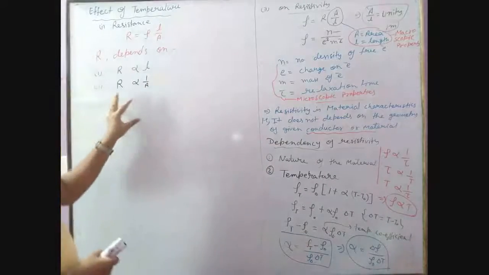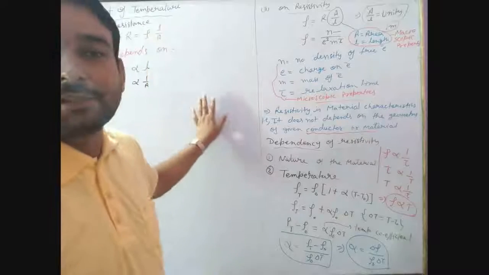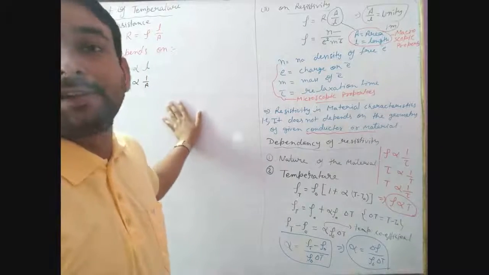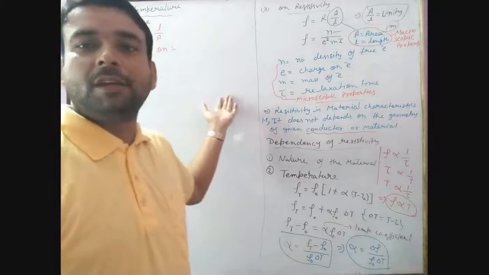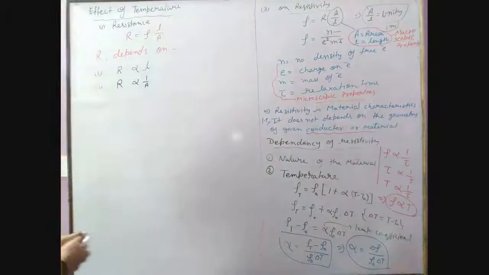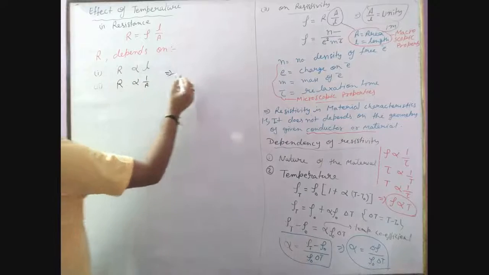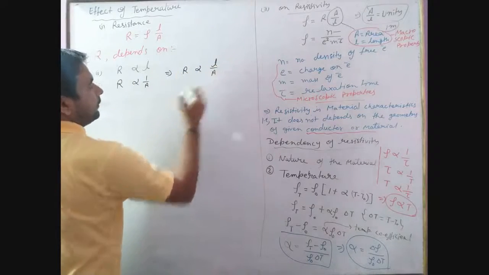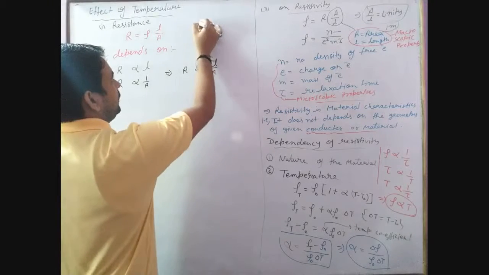If the area is doubled, the resistance will become half, and if the area is decreased by half, then the resistance will double. ठीक है? So if we take the combined form, L upon A, it is just understood.